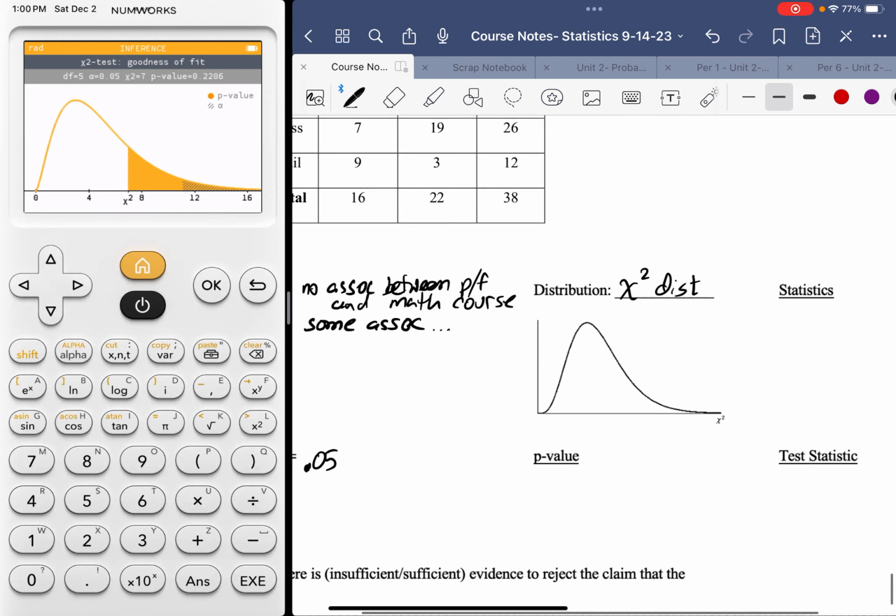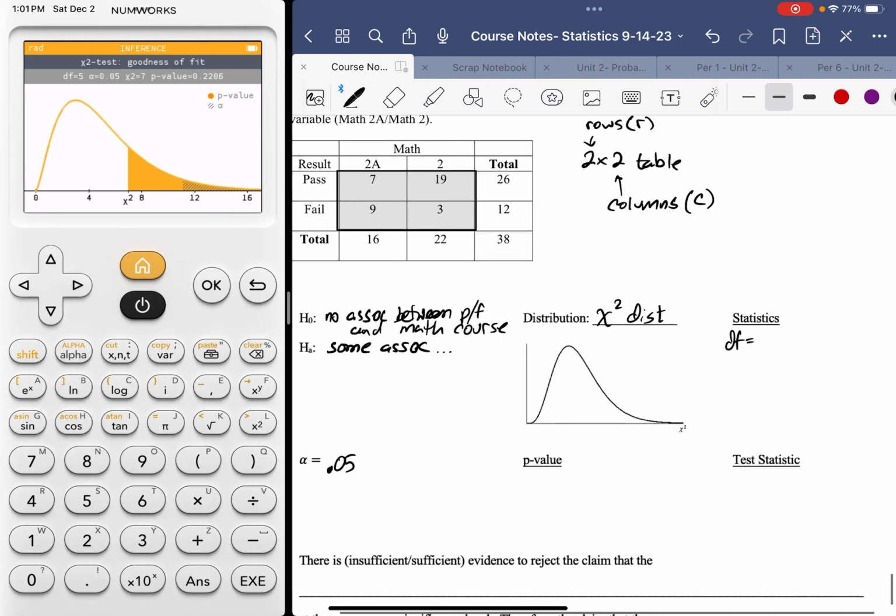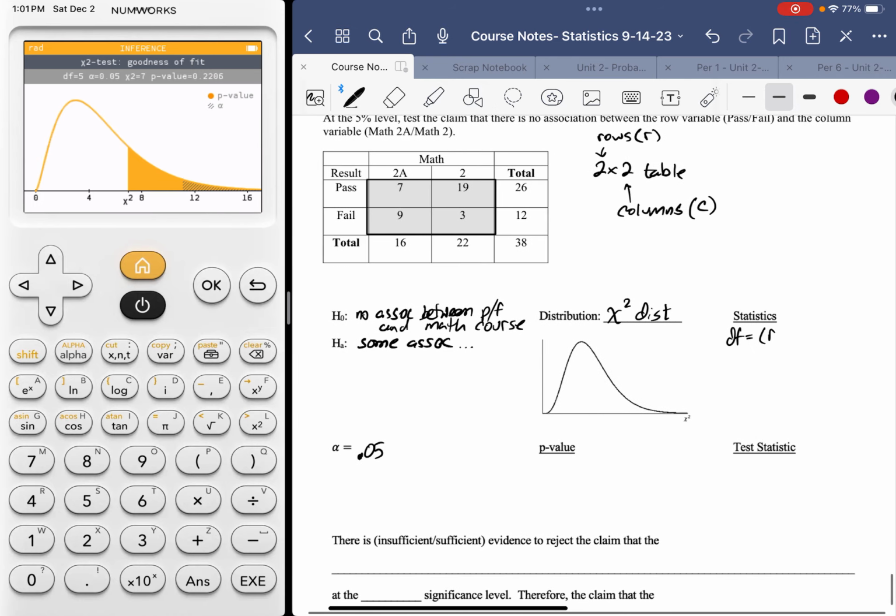My degrees of freedom is based on the number of rows. So we have the meat of the table here. We don't include the totals. There's a 2x2 table. So the number of rows we call R, creatively, and the number of columns we call C. Degrees of freedom in this case would be the number of rows minus 1 times the number of columns minus 1.